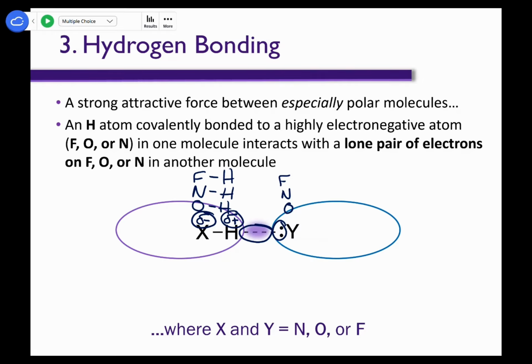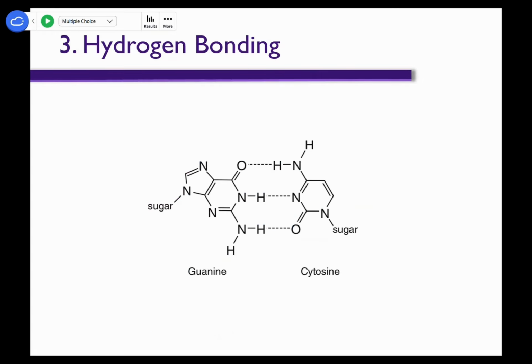So hydrogen bonding is important. All of these intermolecular forces are important. Hydrogen bonding is especially important in your DNA, where we have guanine and cytosine. Here we have nitrogen with a partially positive hydrogen being attracted to one of the lone pairs of electrons of oxygen on another nucleic acid.